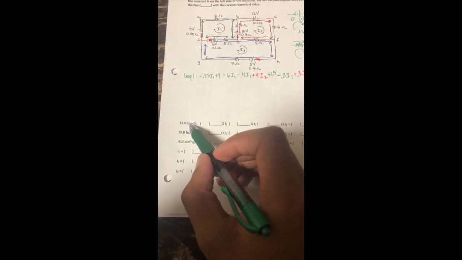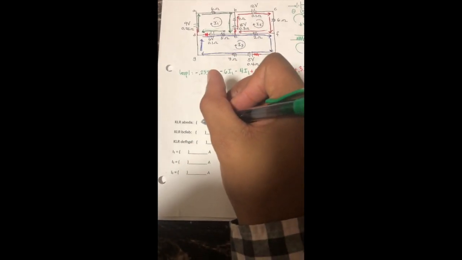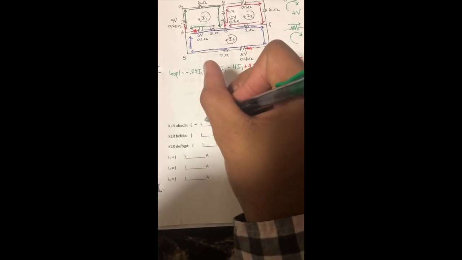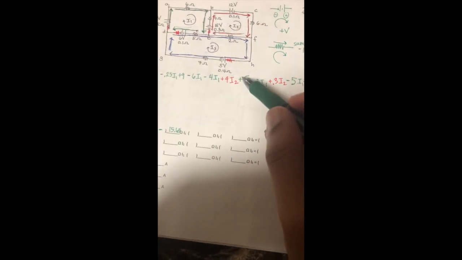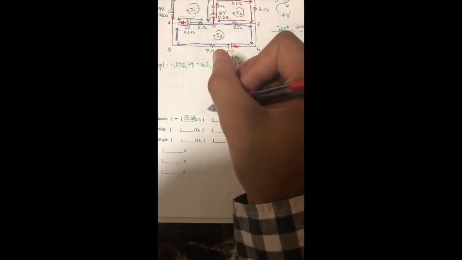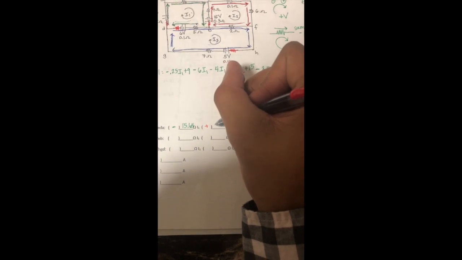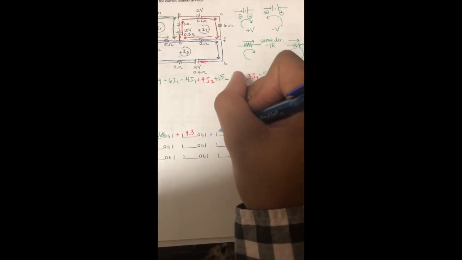Luckily down here I already gave you a nice little template. So for the first loop, it's going to be minus 15.65 for I1. Now for I2, it's going to be 4 plus 0.3, so plus 4.3. And then for I3, it was that 5 and 0.1, so it's going to be plus 5.1.